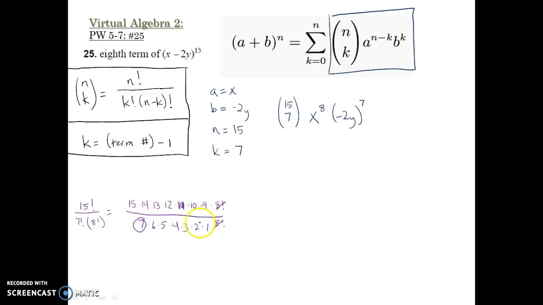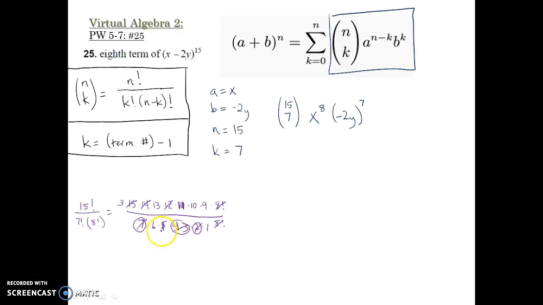I know that 7 times 2 is 14, so the 7 and the 2 will cancel out the 14. 4 times 3 is 12, so these will cancel out. Let's see, 6 goes into, let's see, 5 and 15, right? 15 over 5 reduces to 3 over 1, so that'll leave me a 3 and a 1.